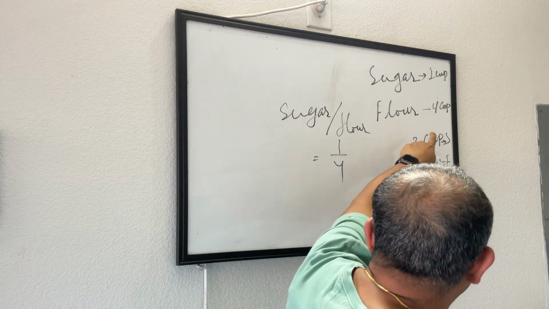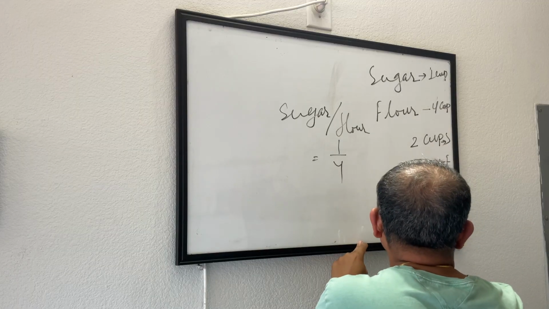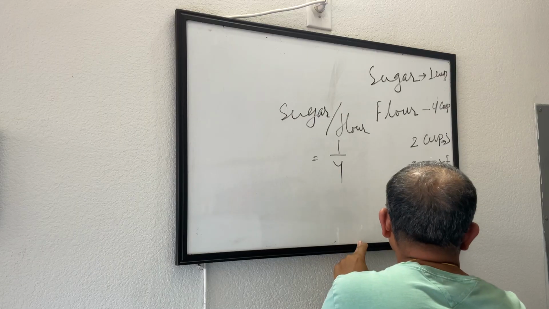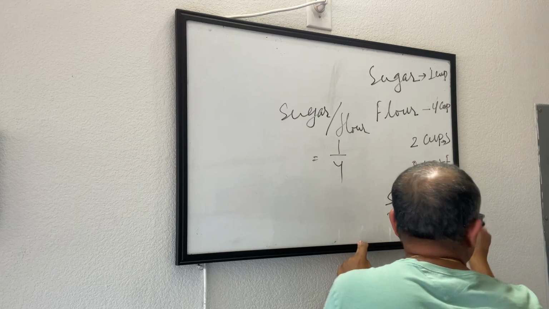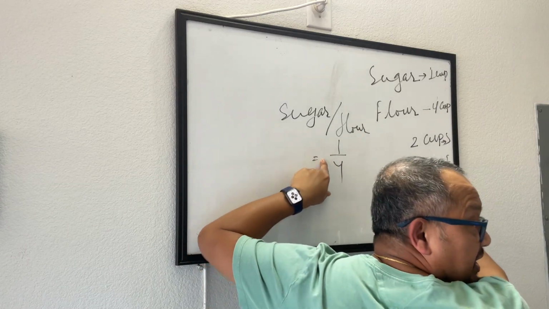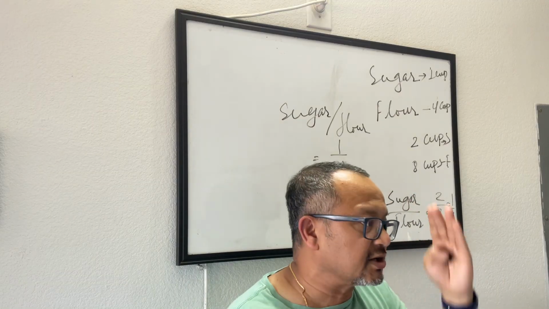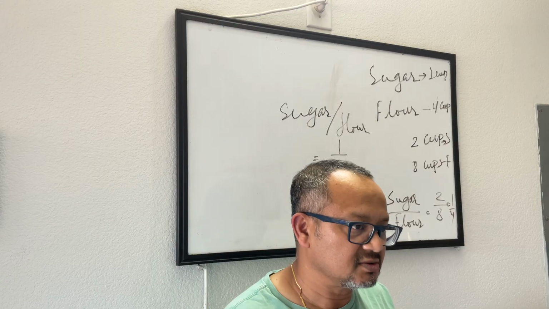Here again, sugar to flour ratio is 2 by 8, which becomes 1 by 4. So here your ratios are the same. That's why when you're comparing two numbers with different quantities and your ratio is same, you see they are same proportion.